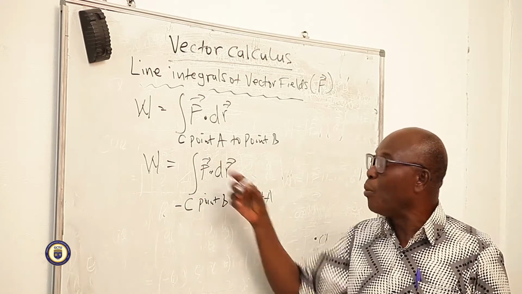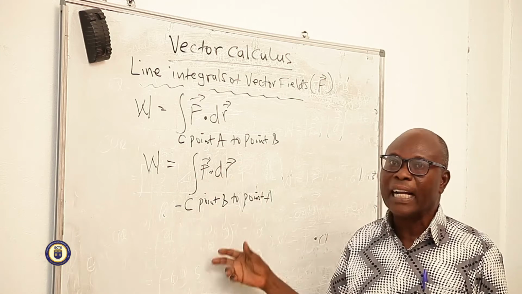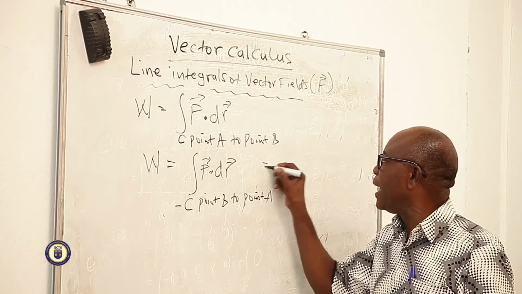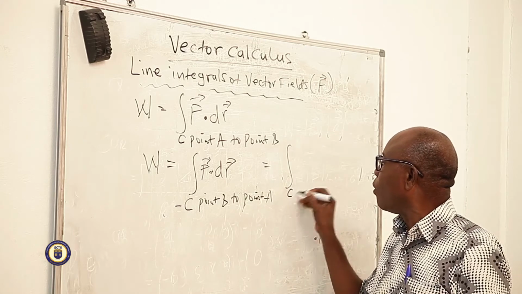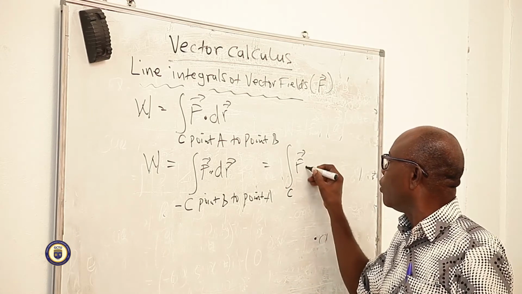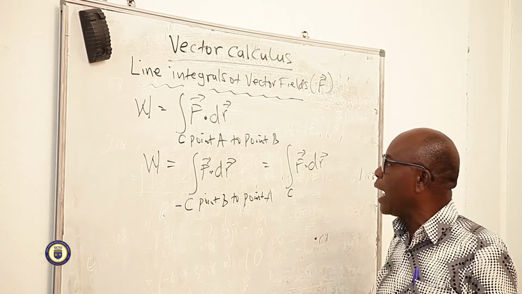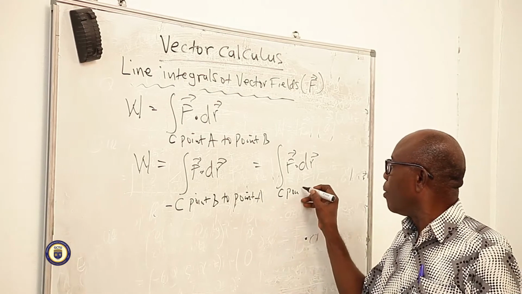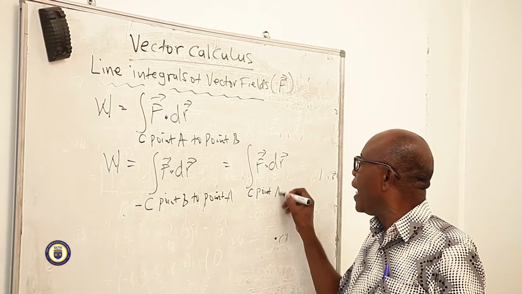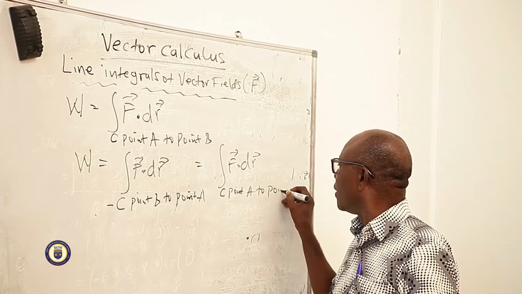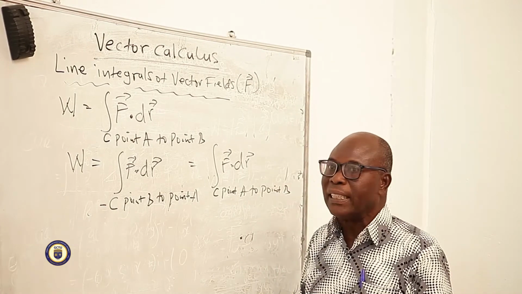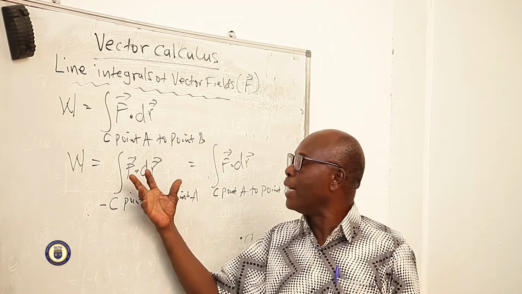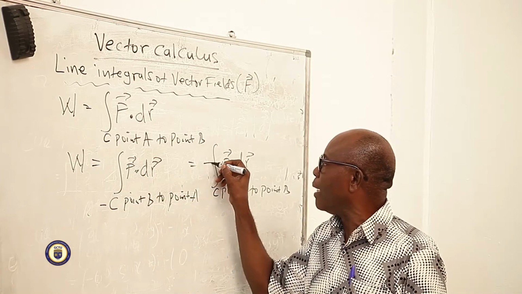And so when we calculate the line integral when we have reversed the path, it's the same as the line integral over C of F dot dr, in this case from point A to point B. But since we have changed the direction of the movement, this becomes a minus.